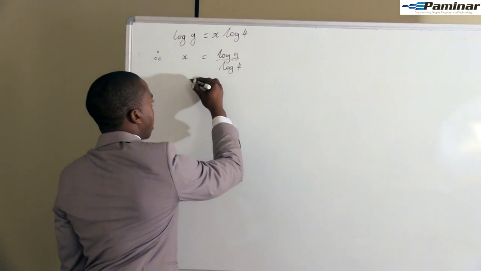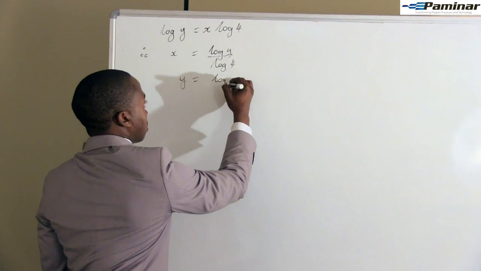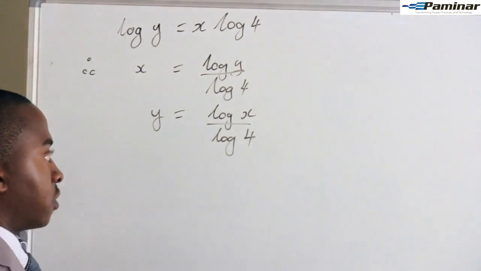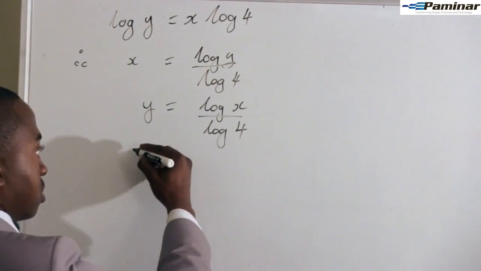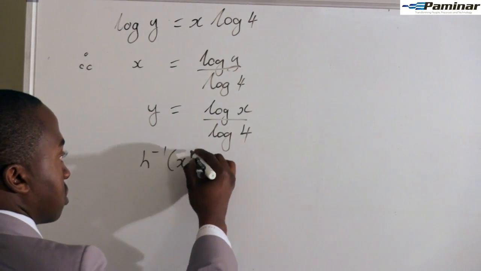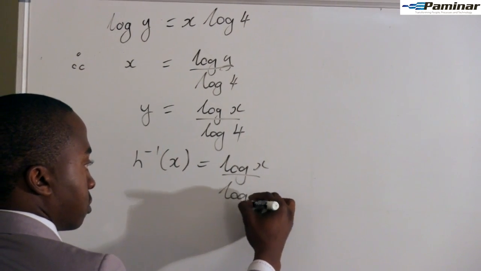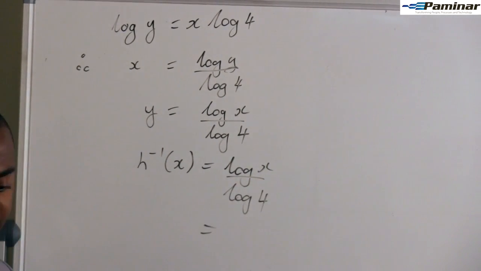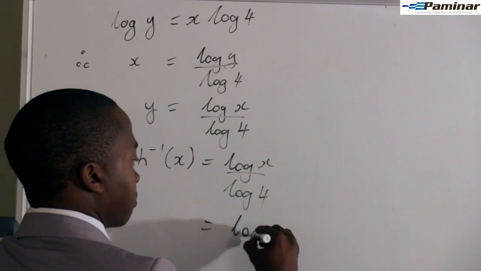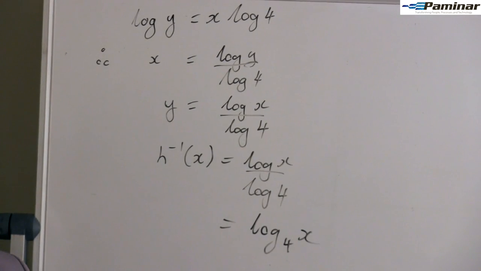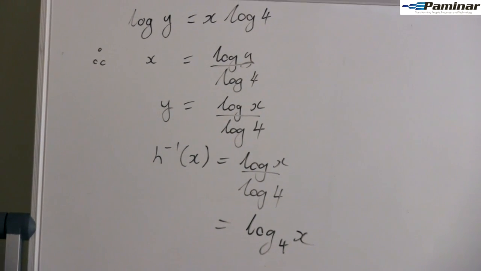So that becomes y is equal to log x over log 4. And this would be your h inverse. This is exactly the same as log base 4 of x. It's the same thing.